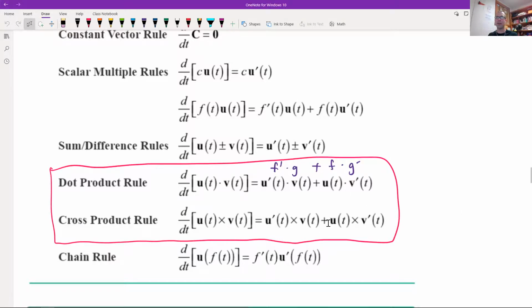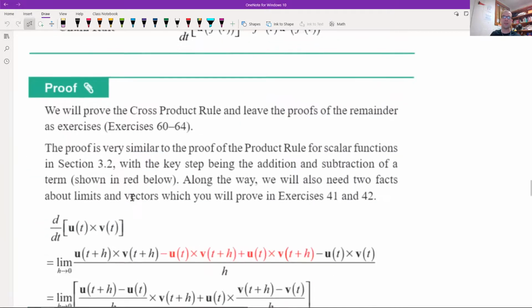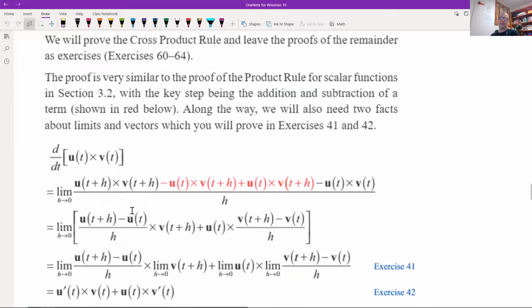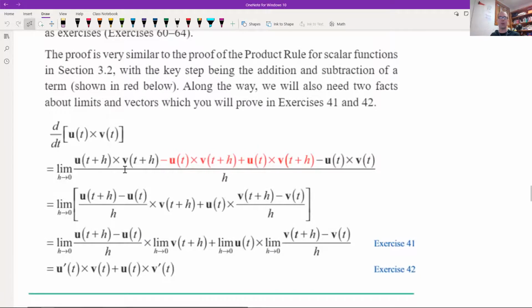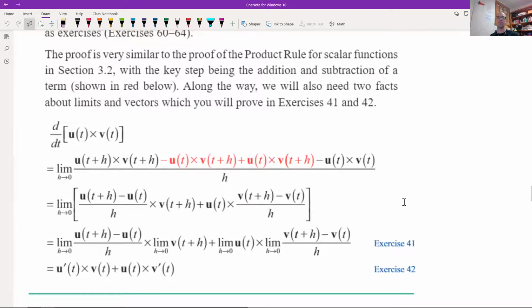But that pattern works out both for the dot product and for the cross product when you take the dot product or cross product of vector valued functions. And if you want to work through what that looks like using the limit definition of derivative, it's something that you would never have to do again in this class. So it's just kind of there for looking cool.